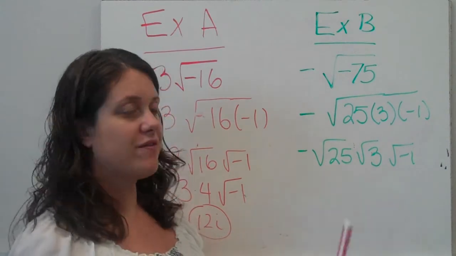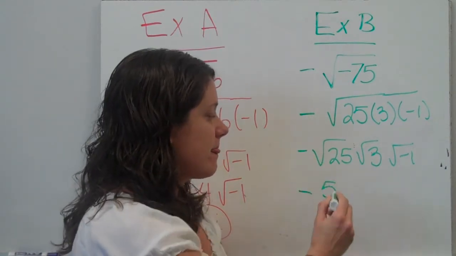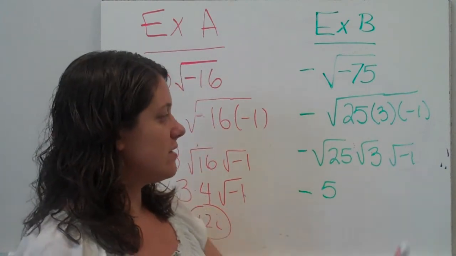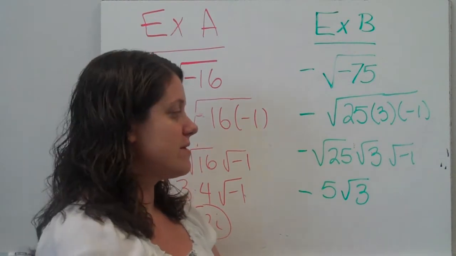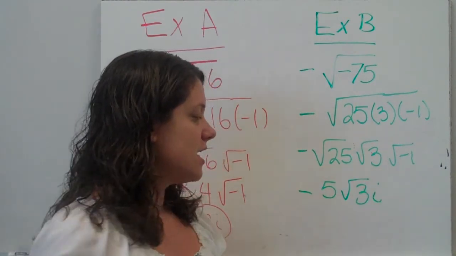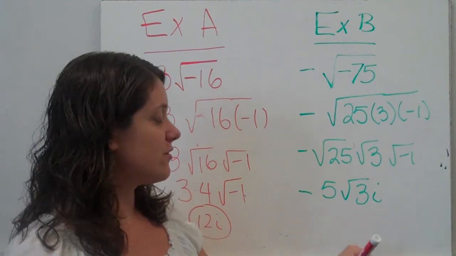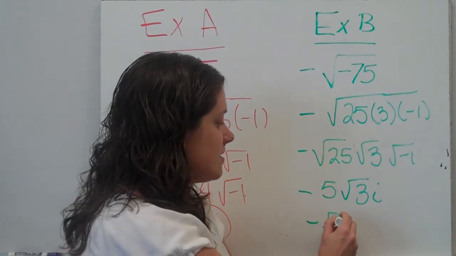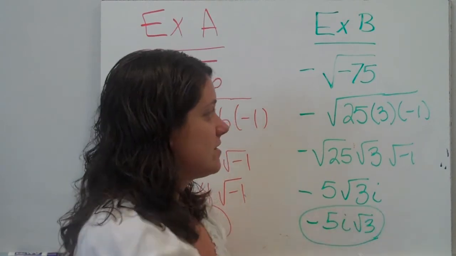So the square root of 25 would be 5, and I have that negative out there. And then the square root of 3 would be square root of 3, and the square root of -1 becomes i. And then remember, I can't leave that at the end there because I don't want it to look like it's a square root of 3. So I'm going to put this in the front, and there's my final answer.